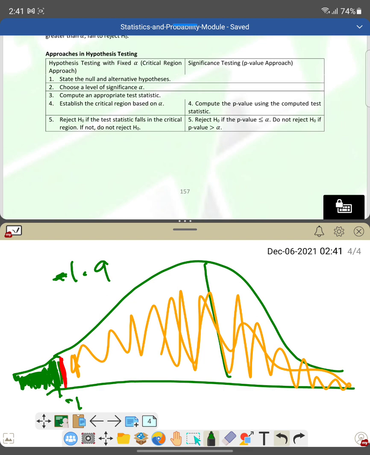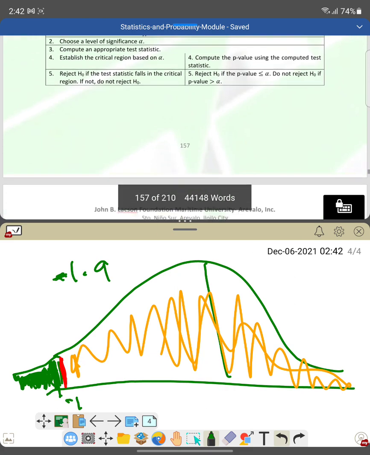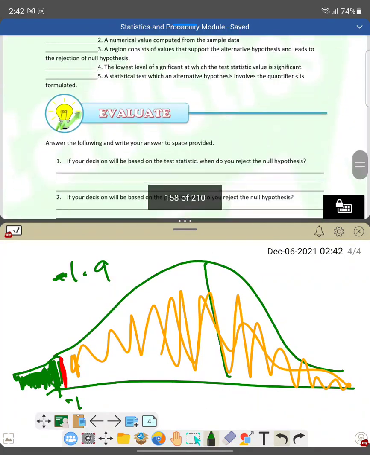Reject the null hypothesis if the test statistic falls in the critical region or your rejection region. If it does not fall in the rejection region, then you do not reject it, or you accept the null hypothesis, meaning you accept that the original statement is true.